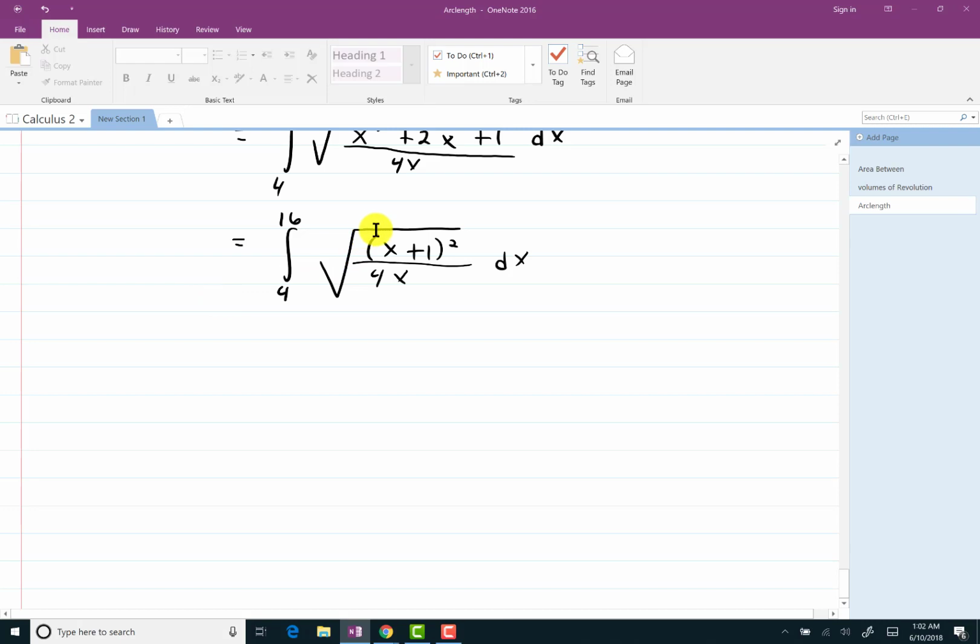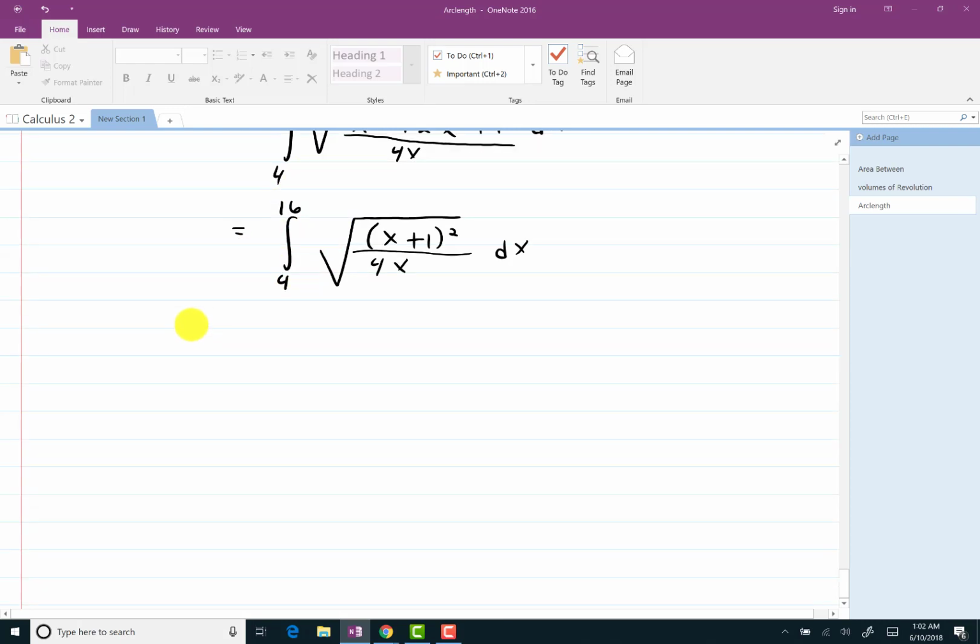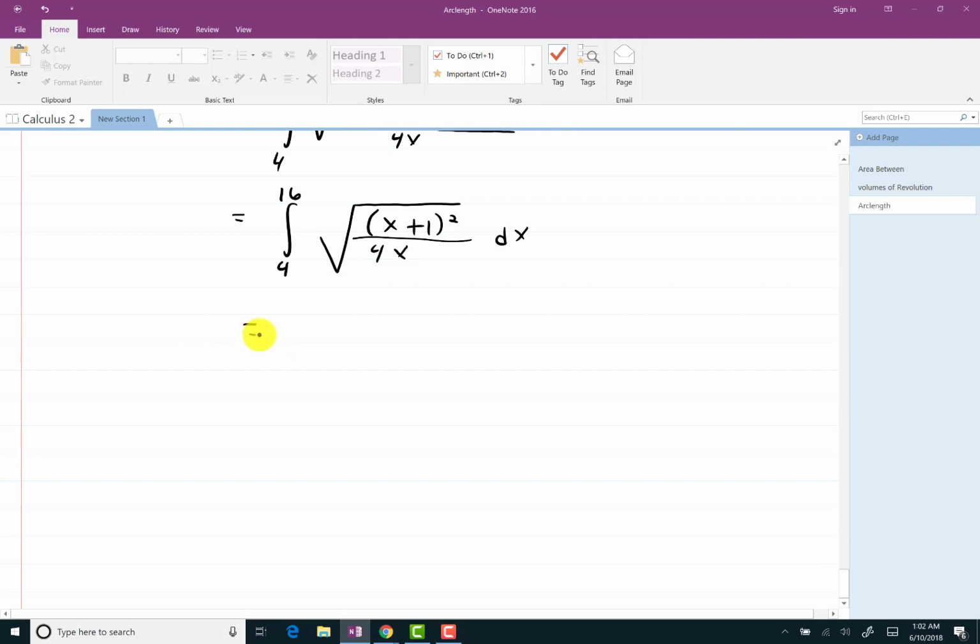Then the square root of something squared is the absolute value of that thing. But x is strictly positive for this problem since it's between 4 and 16. So there's no question that I can simply drop those absolute values and go from 4 to 16, x plus 1 over the square root of 4x dx.